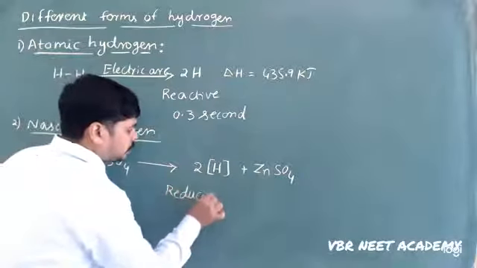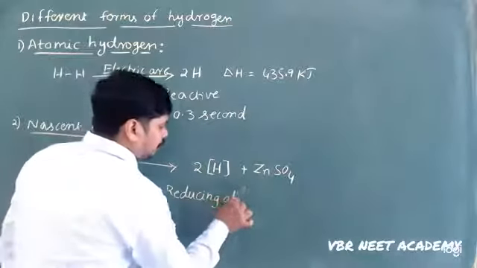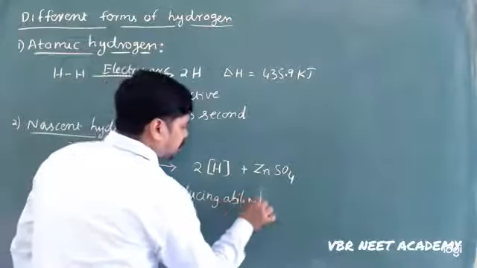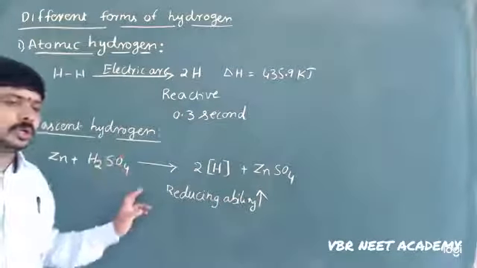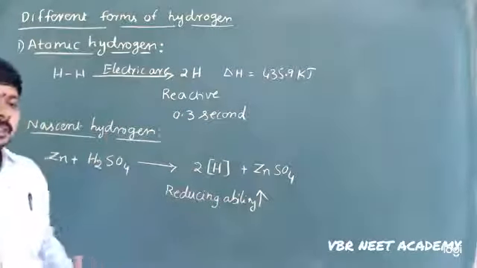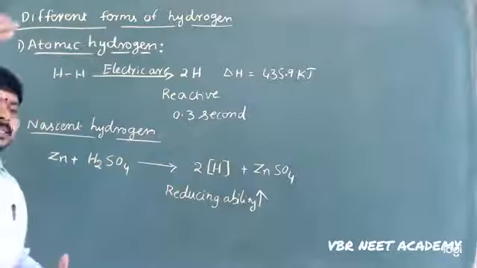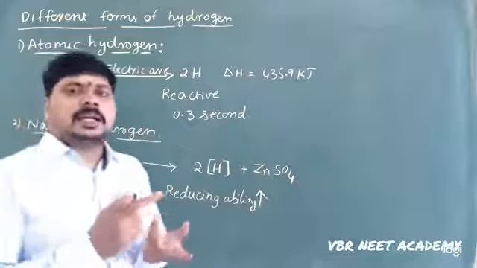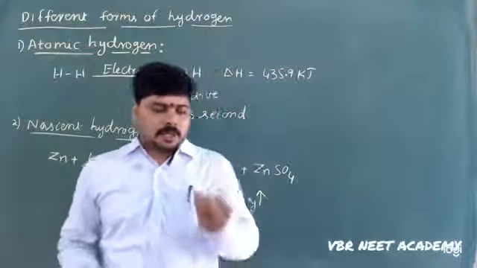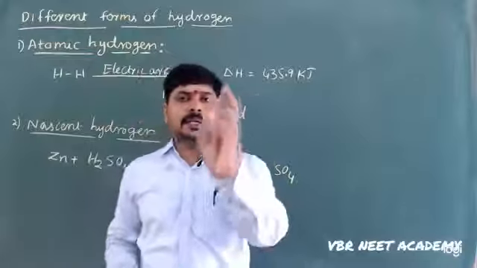Reducing ability is going to be very high. Because of this reducing ability of nascent hydrogen, it can show certain properties, like on highly oxidizing compounds such as KMnO4 and K2Cr2O7. Your KMnO4 color can be decolorized.